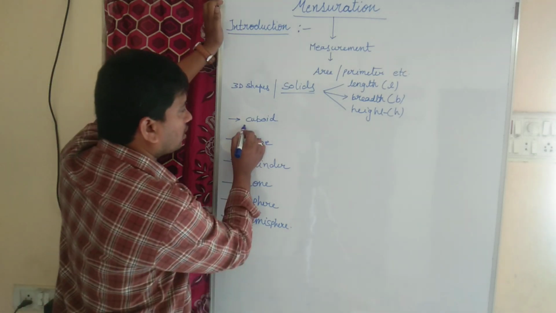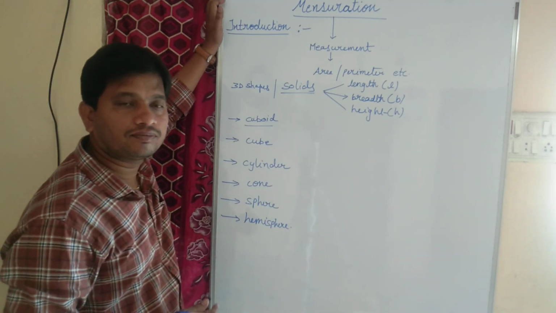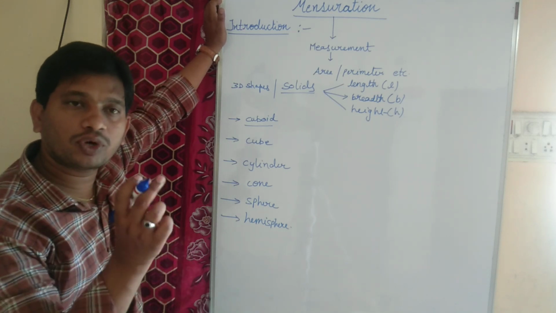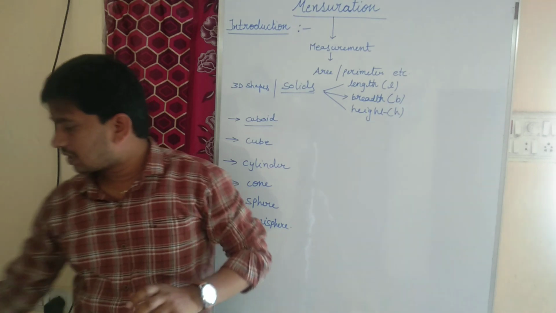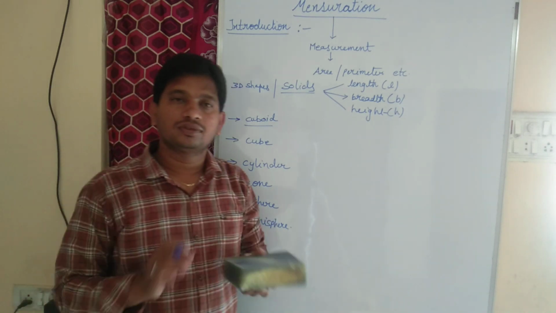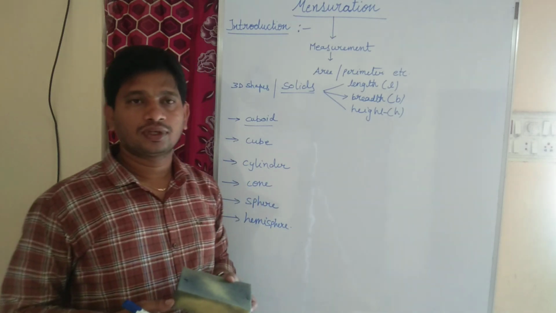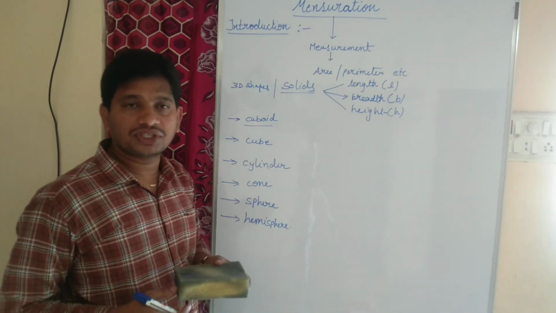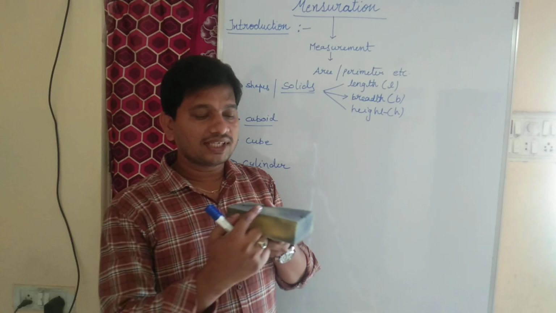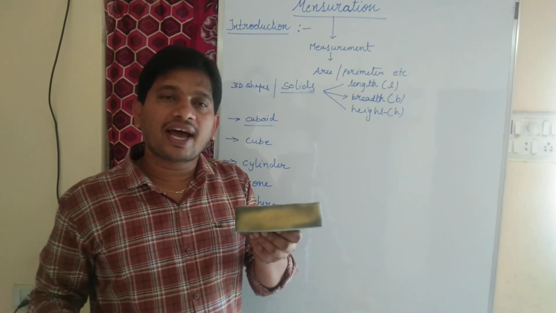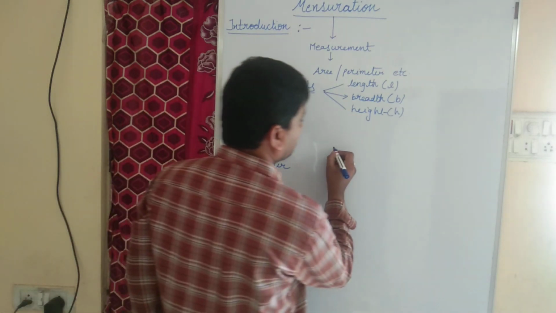So for example, consider a cuboid. So what is the in general example of cuboid? You take a duster. For example, you take this a duster, which is a cuboid, right? It is a three-dimensional shape. Actually, it has three dimensions. So one is length and breadth, and it has thickness. I mean height also. Let me draw the diagram.